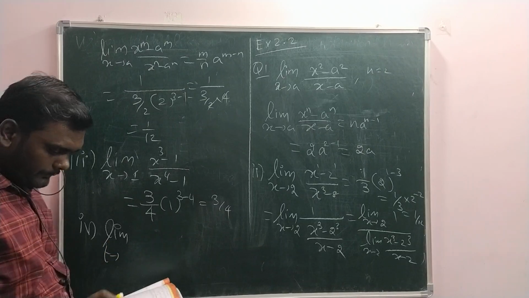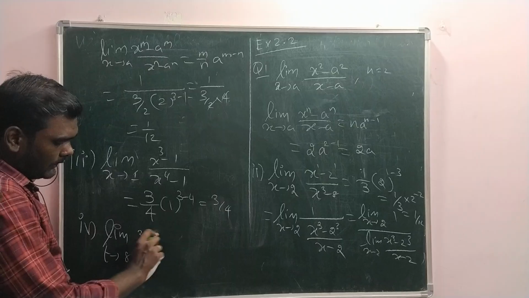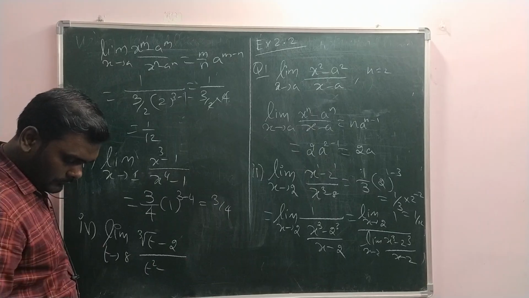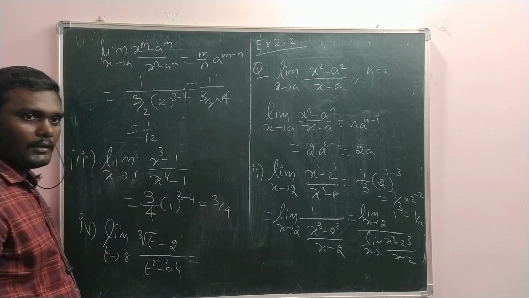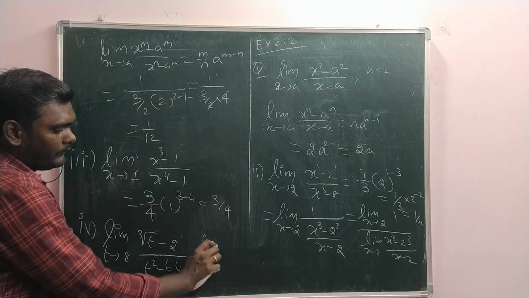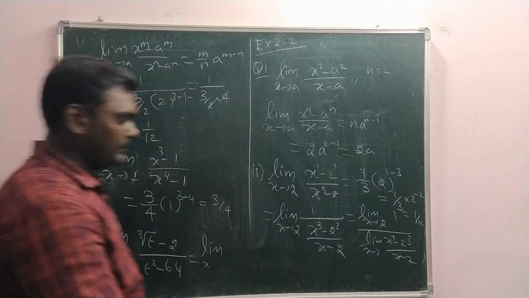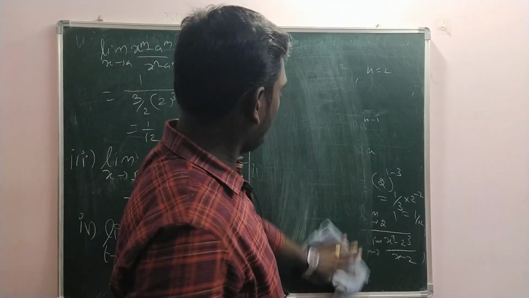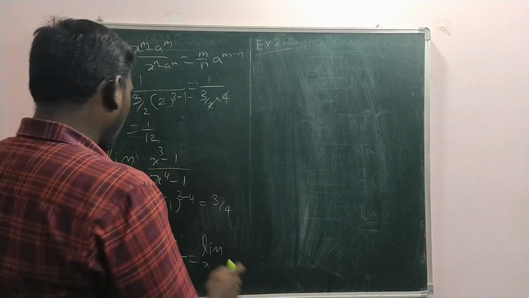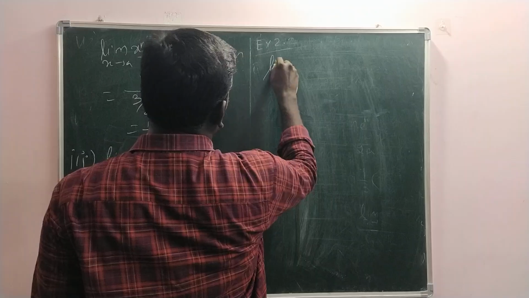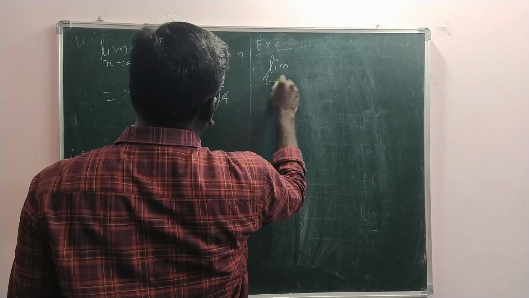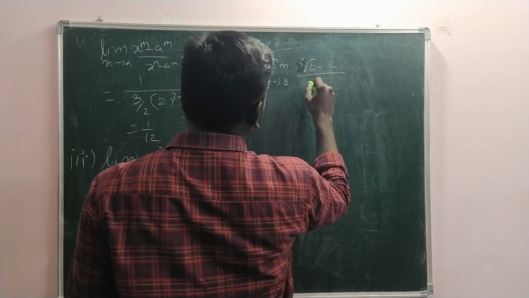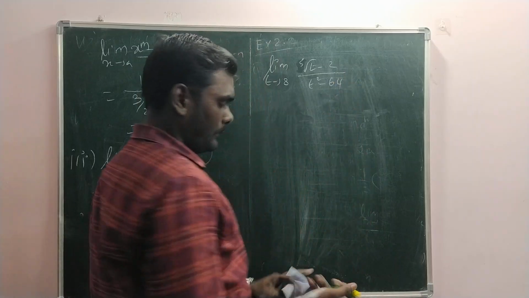Limit t tends to 8, cube root of t minus 2 by t square minus 64.